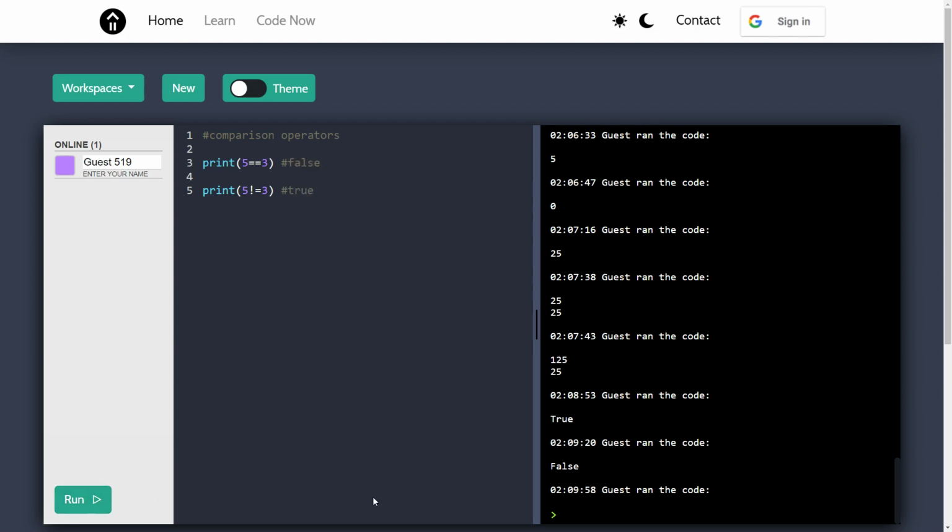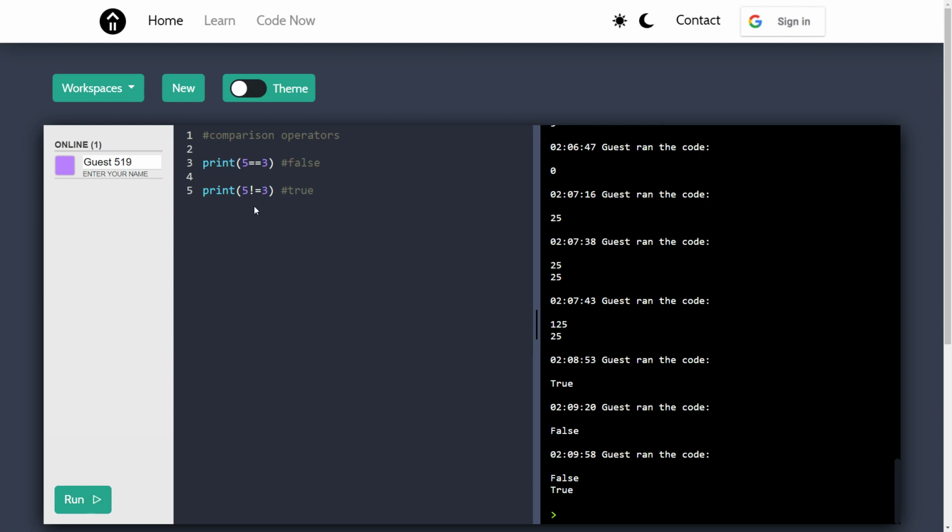So that means it's true. Now let's look at what's being said here. Is 5 not equal to 3? Yes, 5 is not equal to 3, so that's obviously true. Cool. So that's what a not equal is. It's an exclamation point and an equal.